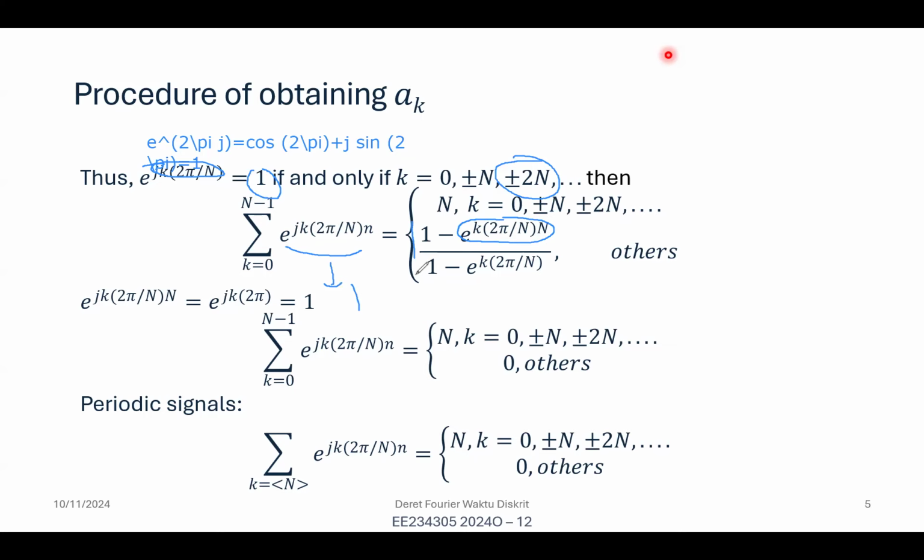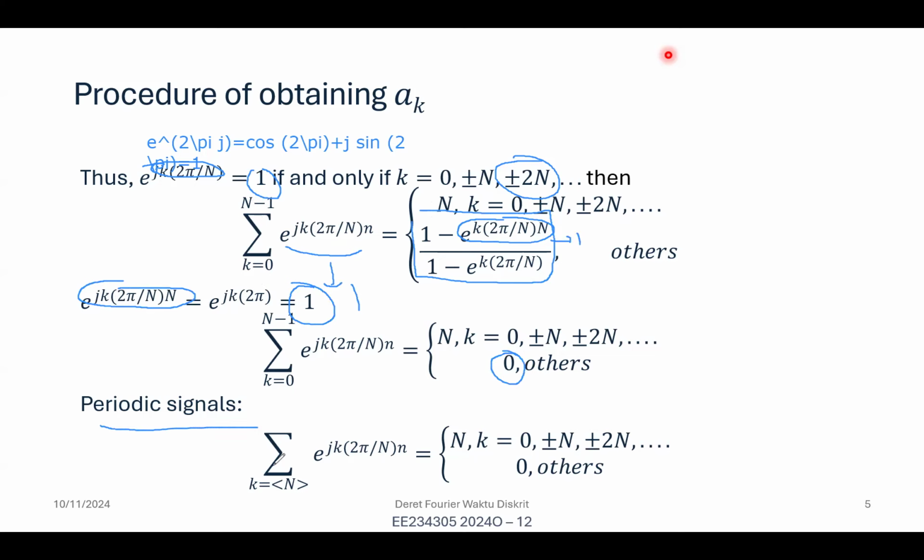We have this representation, and since this is 1, for this part here, from the same reason, this would be 1, so this would be 0.